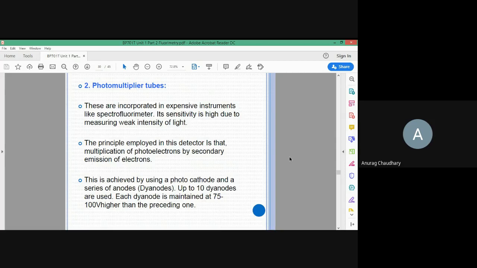And generally in a photomultiplier tube, up to 10 dynodes are used, and these dynodes are maintained at a potential difference which is 70 to 75 to 100 volt higher than the previous cathode or dynode.